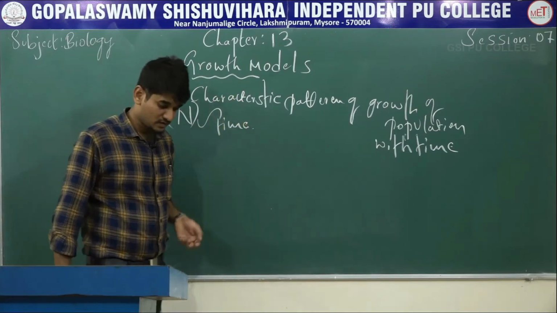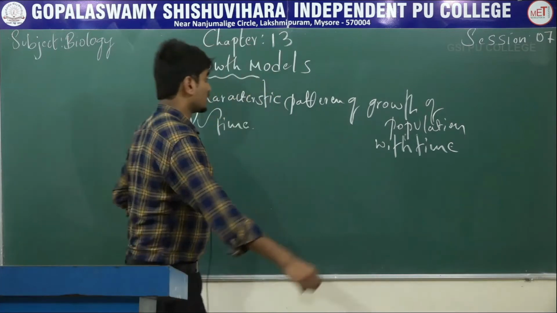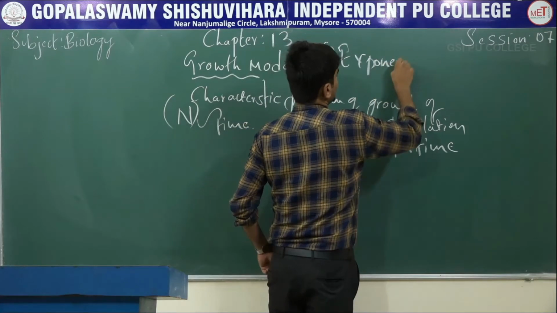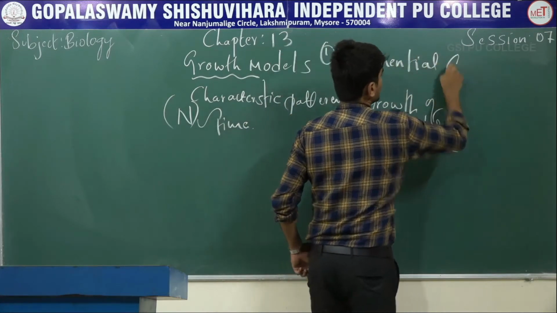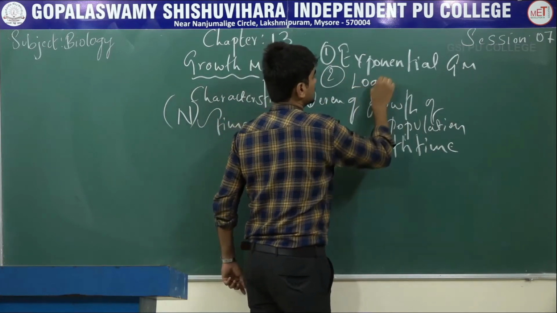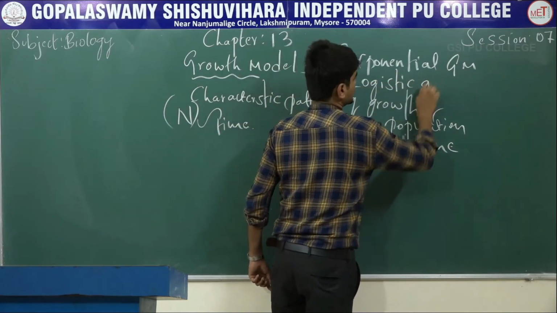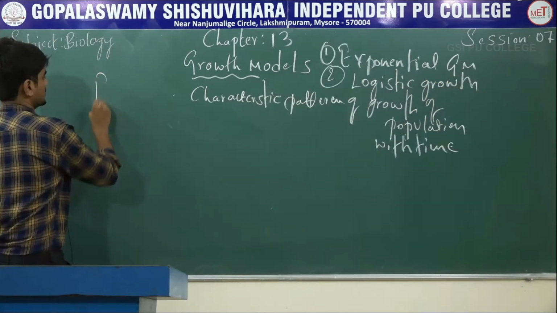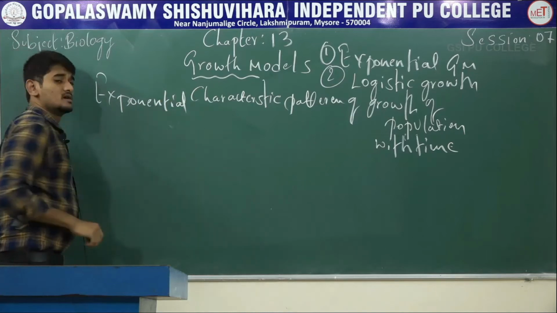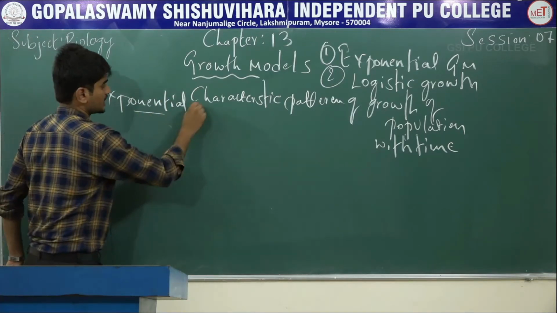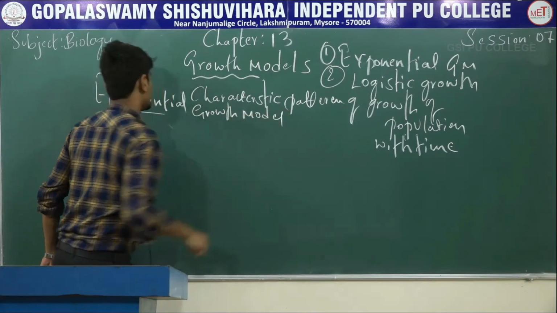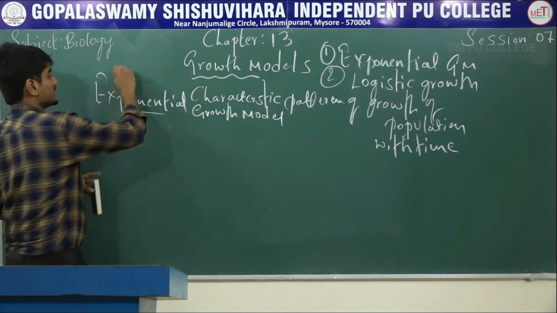There are two types of growth models: one is the exponential growth model, and the other is the logistic growth model. Exponential means increase.